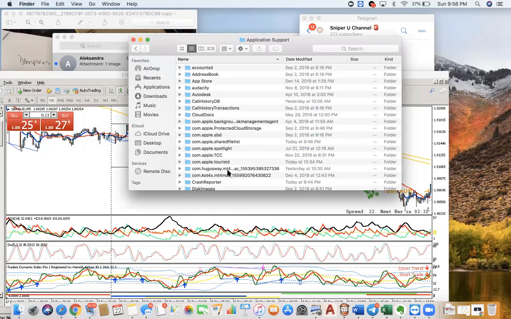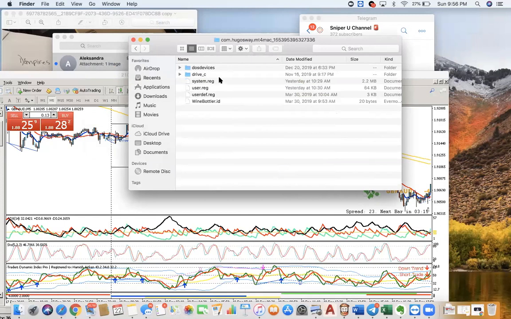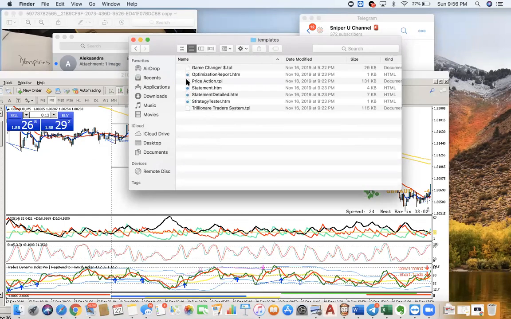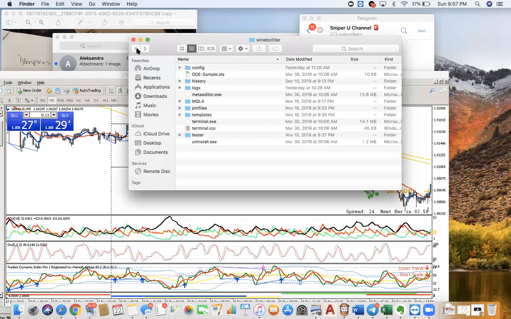Hugo's Way? Yeah, because I tried downloading KLT and it didn't work, so I'm just on Hugo. Okay, so Hugo's Way, Drive C, then MQL4 to do the indicator part right there. Drag it in there, hit back, and drag templates in here. And that's how you do it on a Mac.